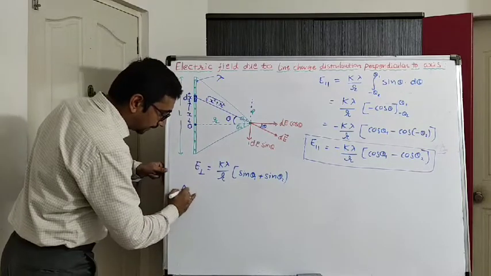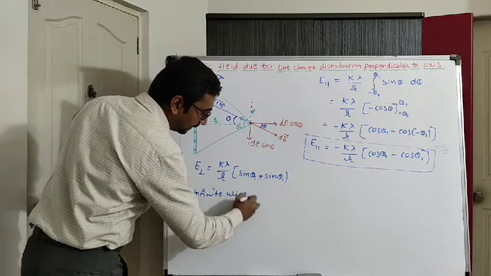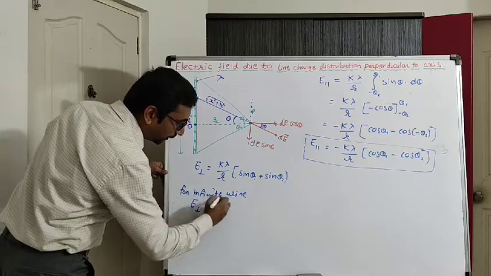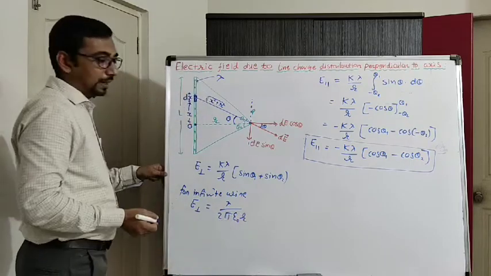For an infinite wire, the electric field's perpendicular component becomes lambda upon 2 pi epsilon 0 r.